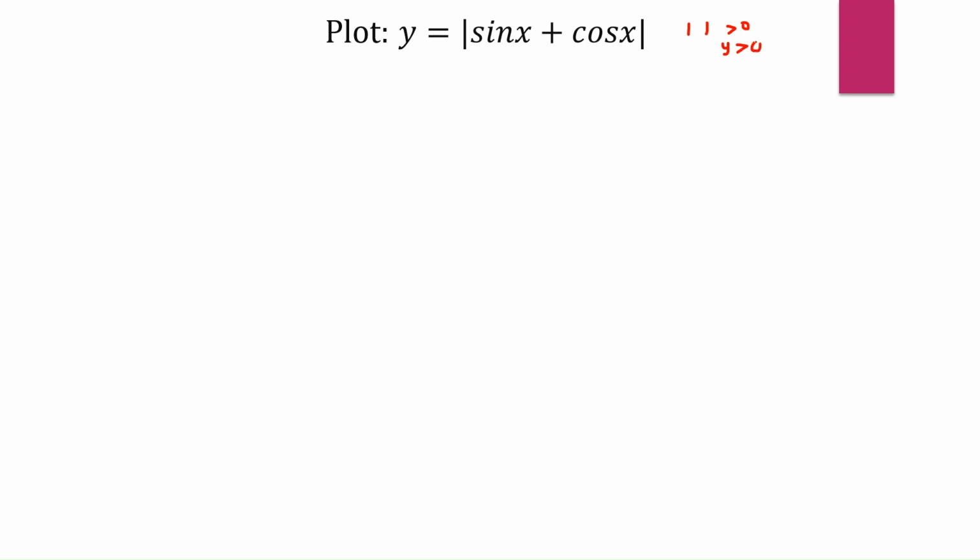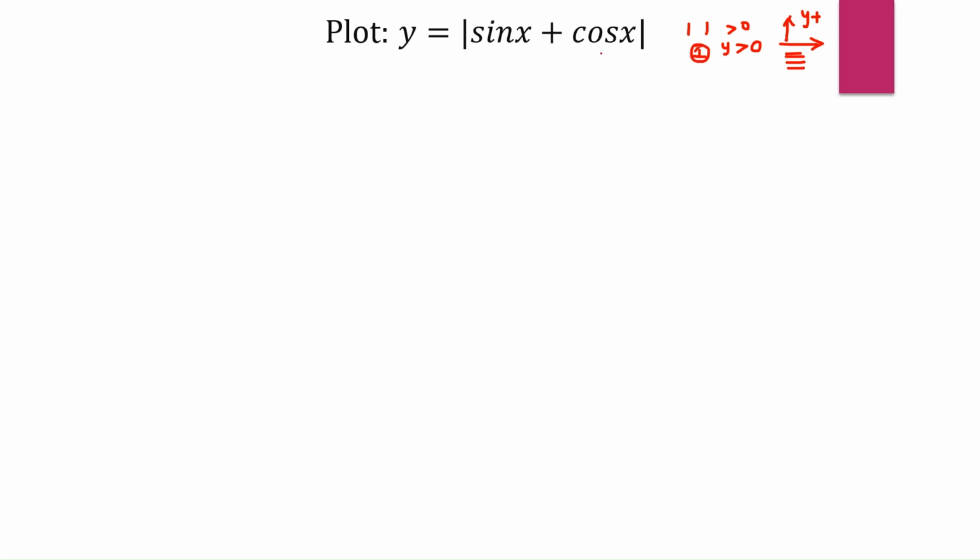That means y is always non-negative, so the graph always exists above the x-axis, and there is no part of the curve below the x-axis. So first, we found the sign of y of x.